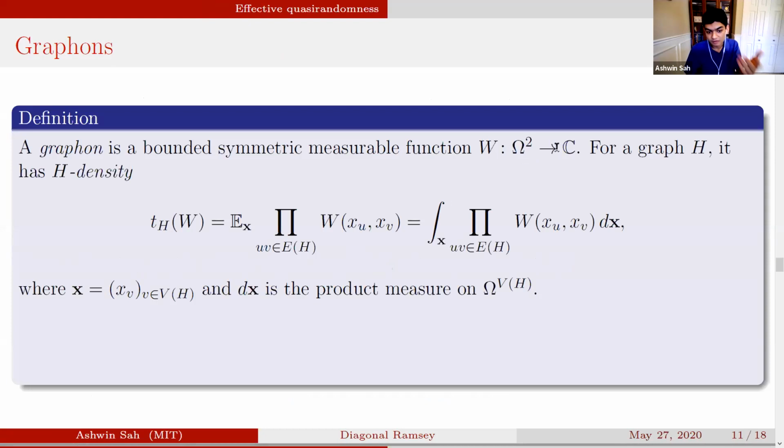But for a function W and for a graph H, there is an associated H-density. This is denoted by t_H(W), and the definition is this integral over |V(H)| different variables of W(x_u, x_v) multiplied over all of these edges.